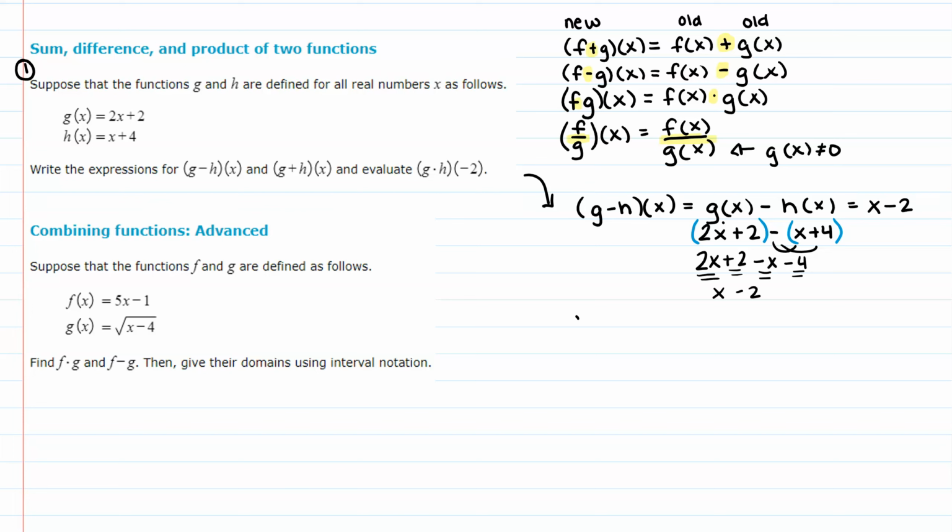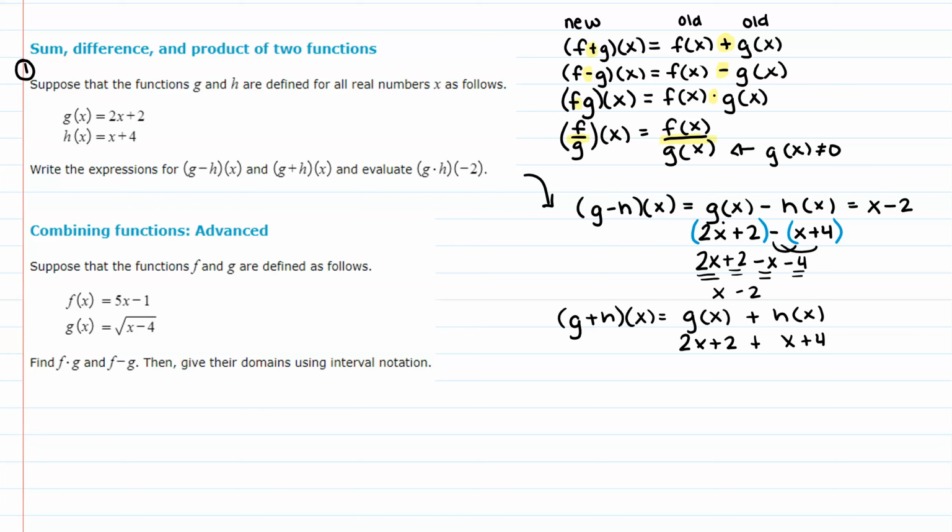Now let's try g plus h of x. So that's going to take the g function, and it's going to add to it the h function. So my g function was 2x plus 2 plus, and then my h function is x plus 4.